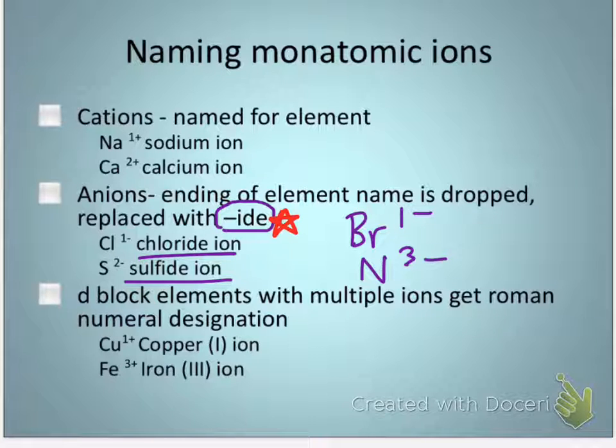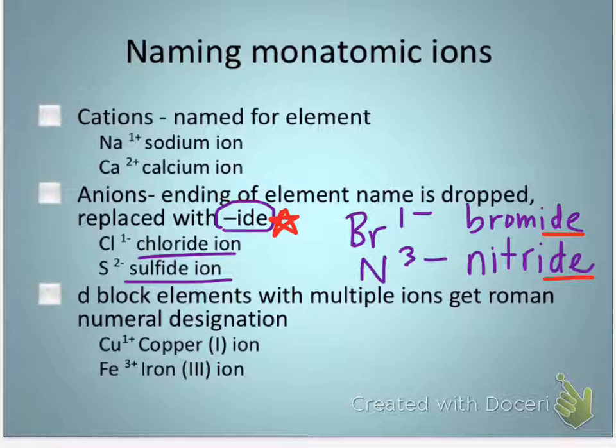Nitrogen gains 3 electrons, becomes, I heard nitride, which is correct, becomes the nitride ion. And in each case, they have that IDE ending that is so important.